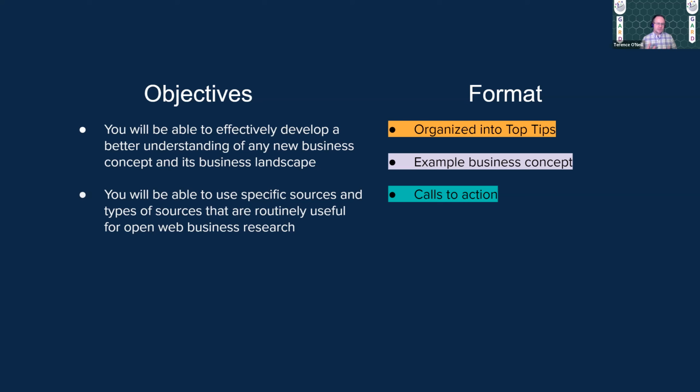My objectives for you all today are that those who are going to be able to watch this will be able to develop a better understanding of the environment their innovation might interact with as a business, and that you'll be able to use this general approach, as well as the specific sources and types of sources that are going to be routinely useful for open business research.